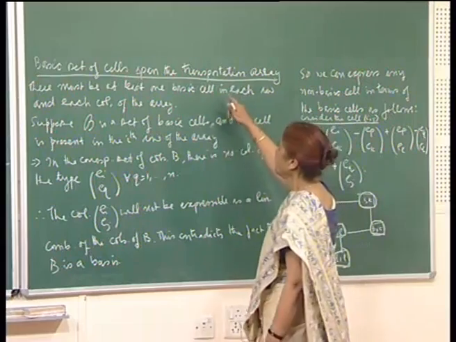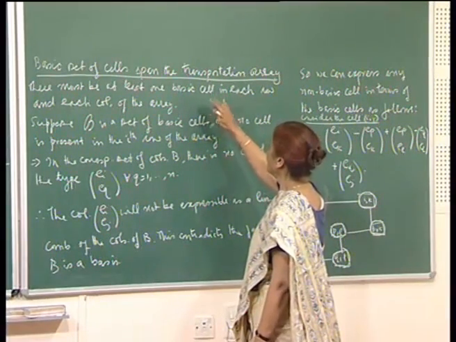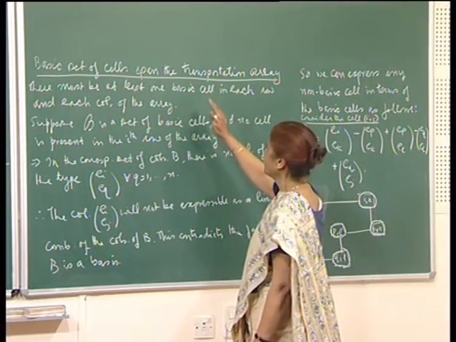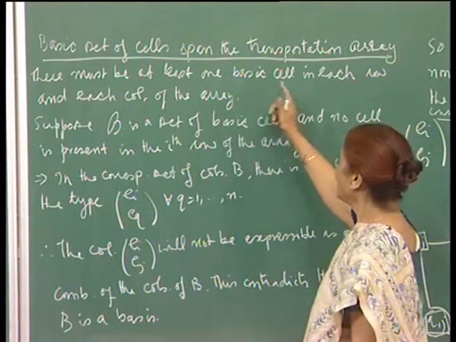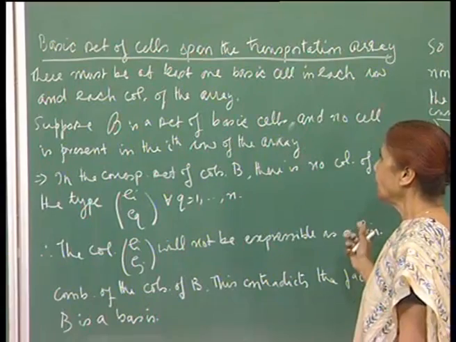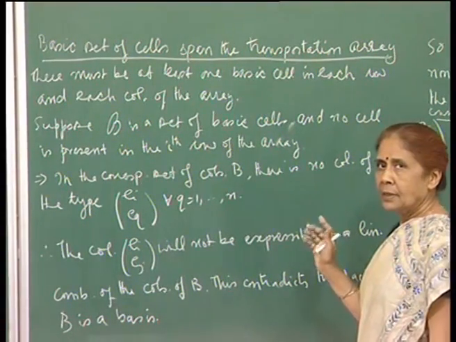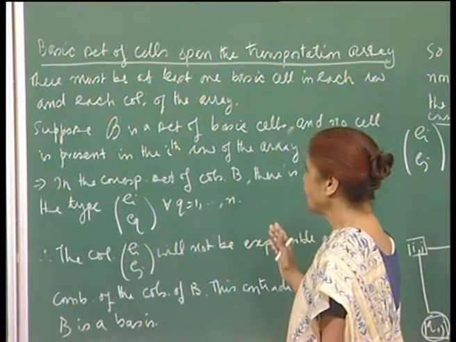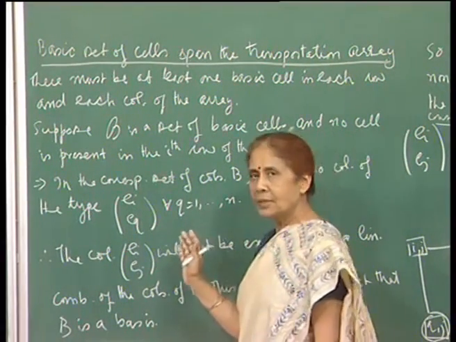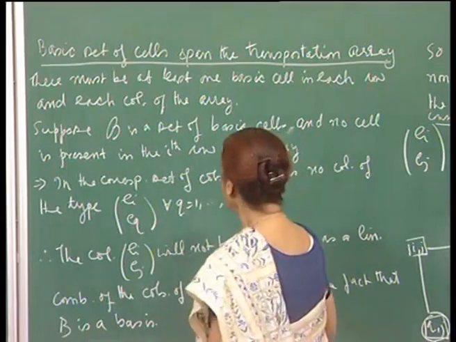But here what I am saying is that there must be at least one basic cell in each row and in each column of the array. So, there cannot be any row or any column of the transportation array which does not have a basic cell present in it.